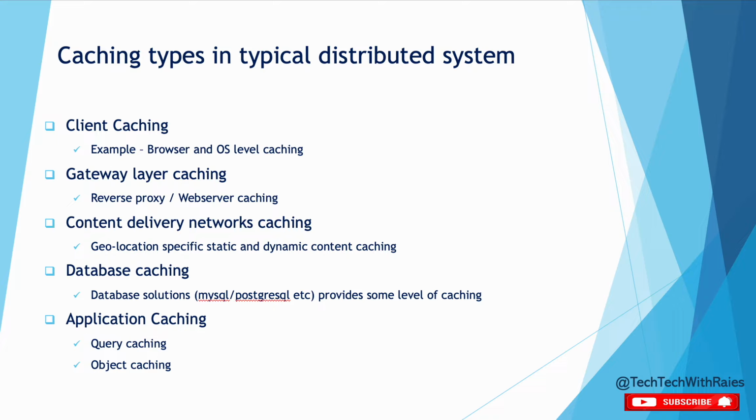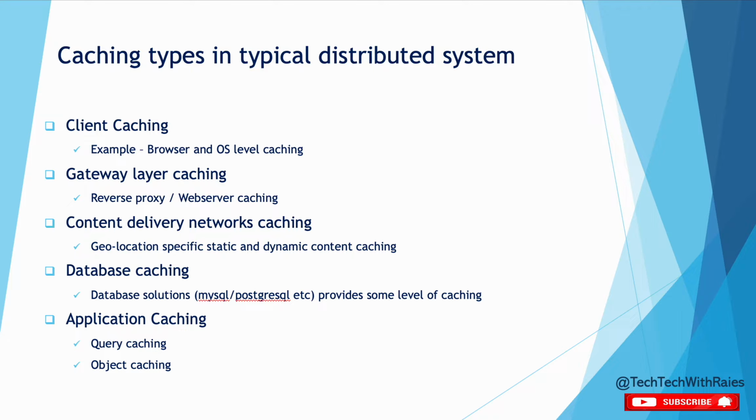In gateway layer caching, a reverse proxy also acts as a web server cache, so it can cache some static or dynamic content. CDNs, content delivery networks, are located at different geolocations, and can also act as a caching layer and serve static or dynamic content at the local geolocations.